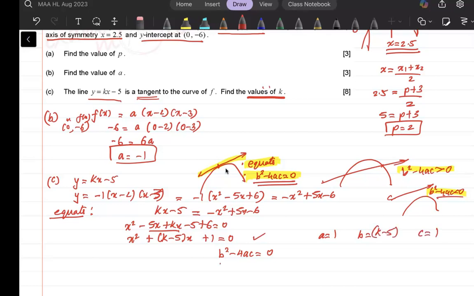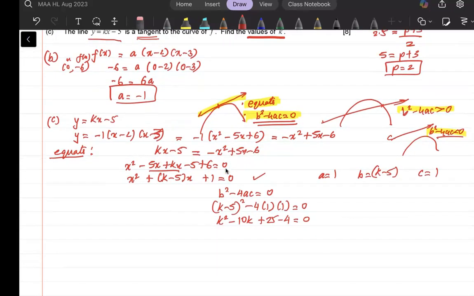So b² − 4ac: (k − 5)² − 4 = 0, which is k² − 10k + 25 − 4 = 0. I expanded it, nothing else. So this is k² − 10k + 21 = 0. Factorize it: 7 and 3 multiply to 21. So these are my two solutions for k.